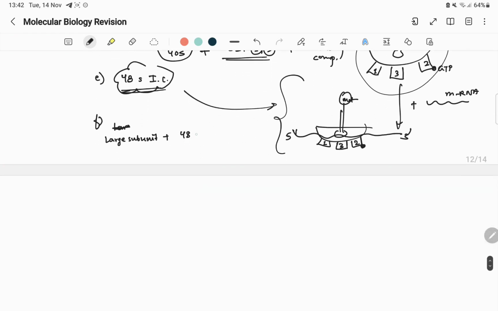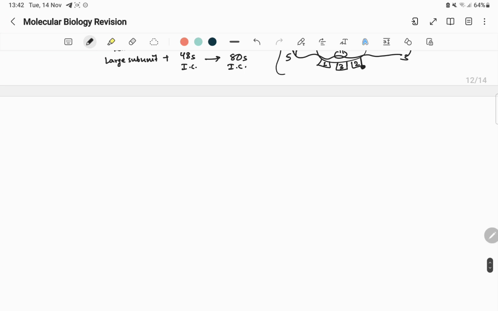Okay, and the large subunit plus the 48S initiation complex will give rise to the 80S initiation complex. So this is the 60S which is attached, this is the 40S which was already there, 5' and 3'. All other factors will dissociate.